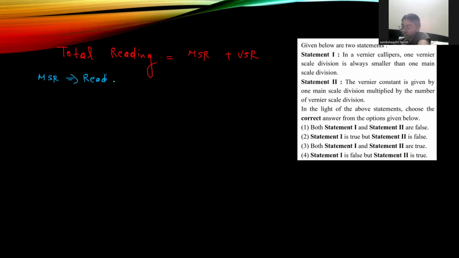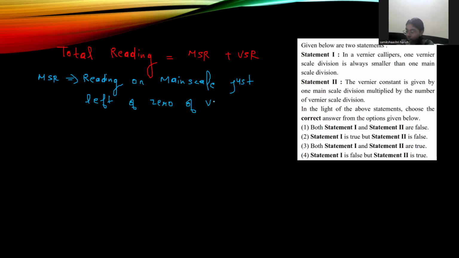You can take notes. It is the reading on the main scale just before, or just left, of the zero of the vernier caliper, or vernier scale.